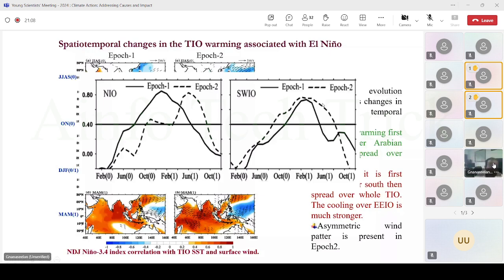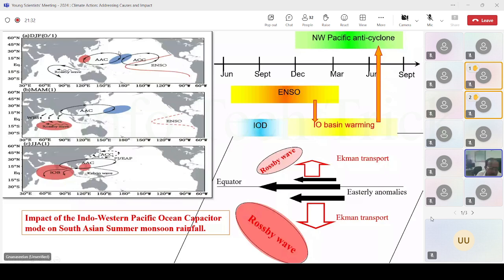So they cool this region because of more evaporation due to stronger winds, and this cooling will trigger an anticyclone in the west, and this anticyclone will cool the eastern region more because they are easterlies, whereas in the west they are westerlies or southwesterlies, and the climatological northeasterlies get reduced, and so the Northwest Pacific region gets warmed up.